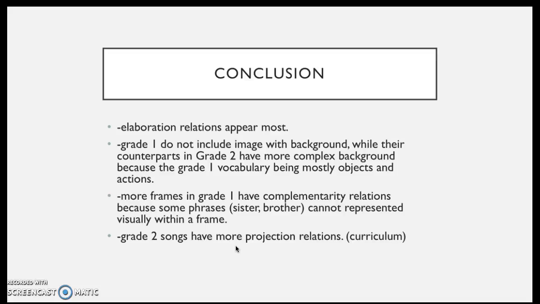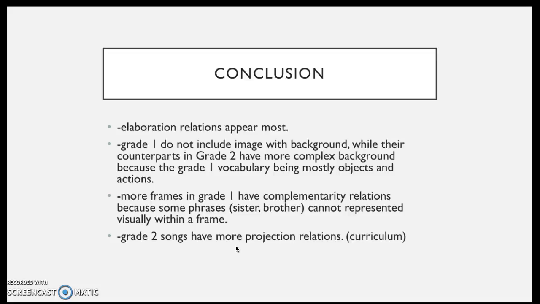2 include images with background, while their counterparts in Grade 2 have more complex backgrounds. That is because the Grade 1 vocabulary is mostly objects and actions. More frames in Grade 1 have complementary relations because some phrases, like sisters and brothers, cannot be represented visually within a frame.